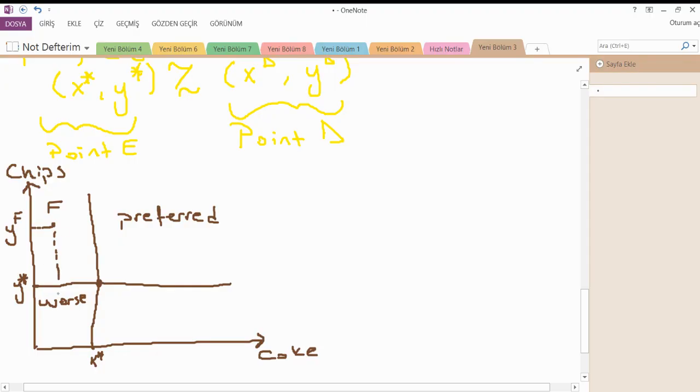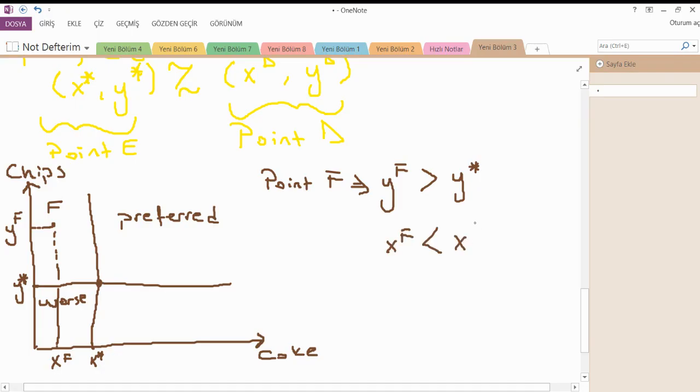Let's come to the x-axis, and this is XF, okay. So point F, at point F, as you see, YF is greater than our Y star, okay, but XF is smaller than what? X star.